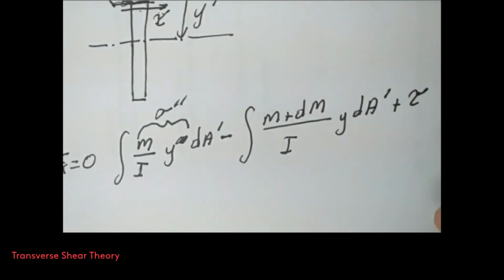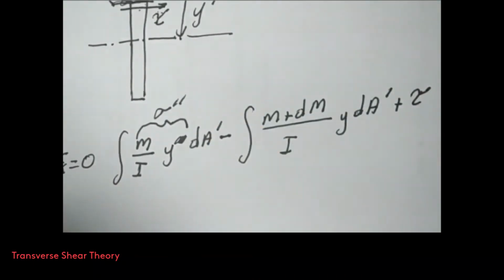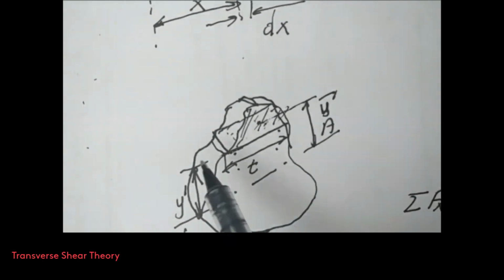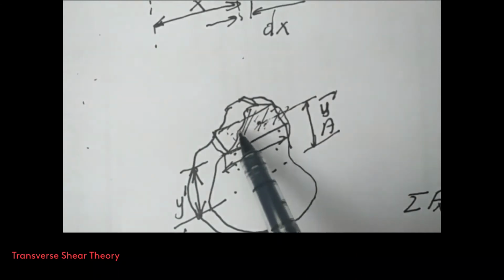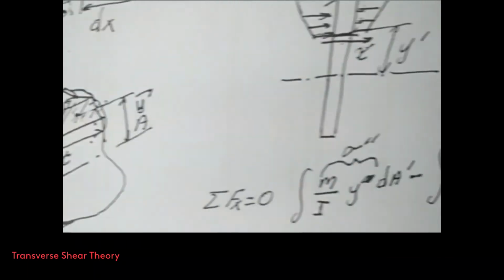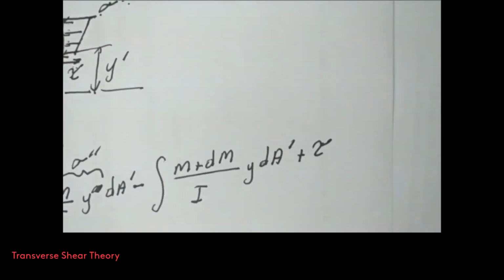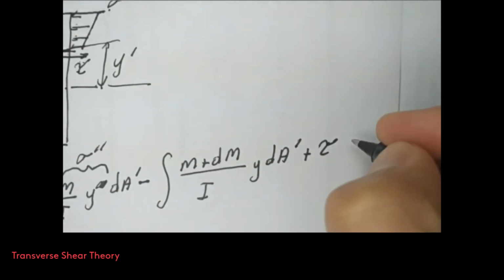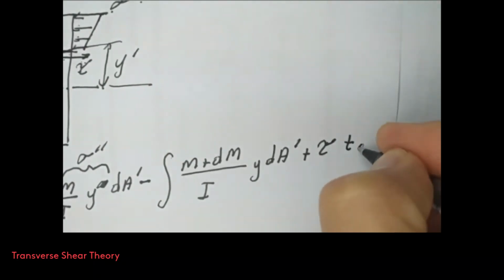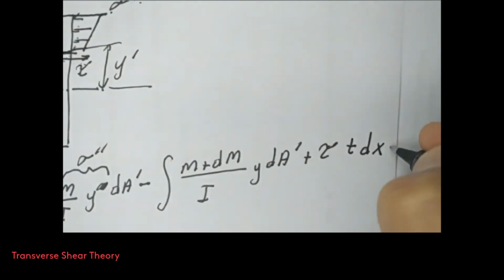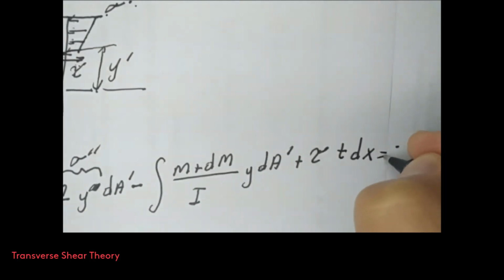The width of the cross section is t, so the area on which the shear stress is acting is t multiplied by dx, so t dx, and this is equal to 0.